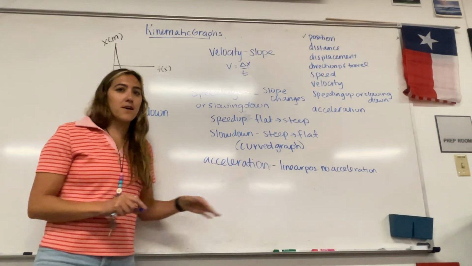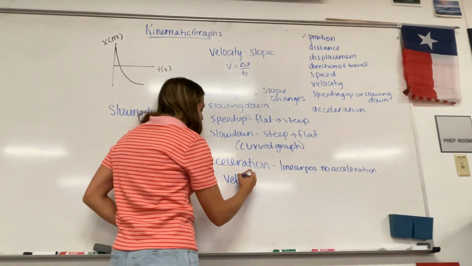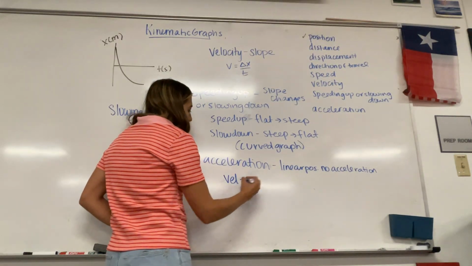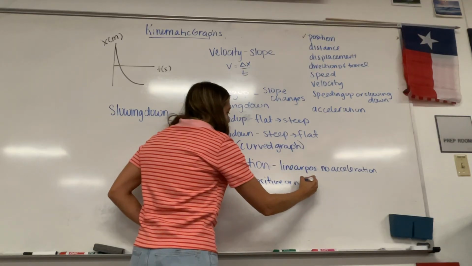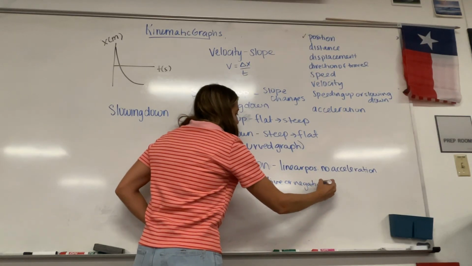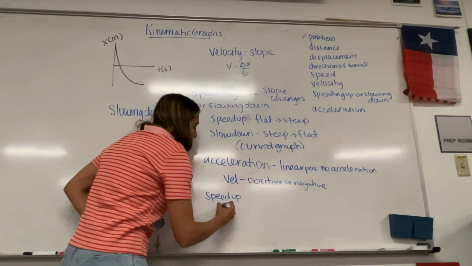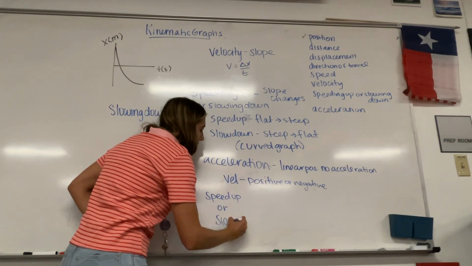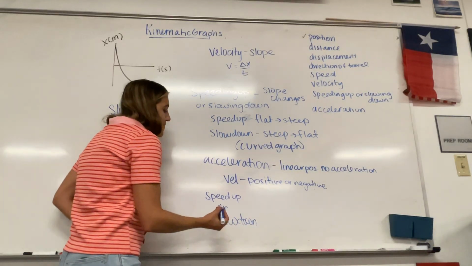So when we go to find acceleration, we need two things. We need velocity, whether it's positive or negative. And then we need that speed up or slow down. We have to combine both of those to find acceleration.